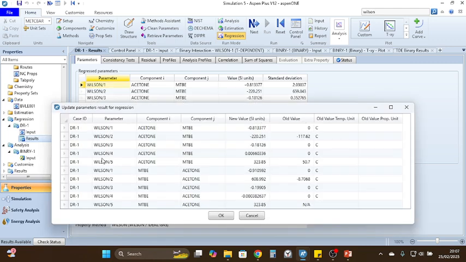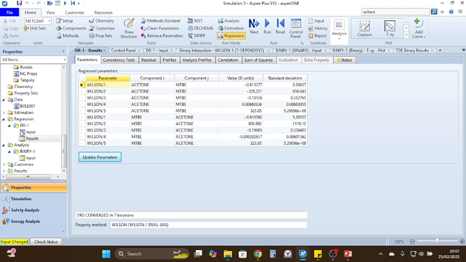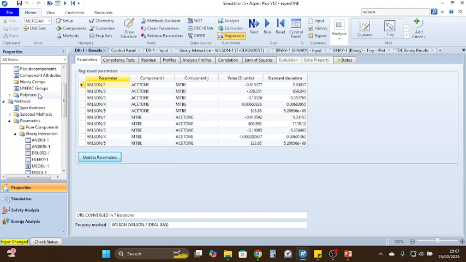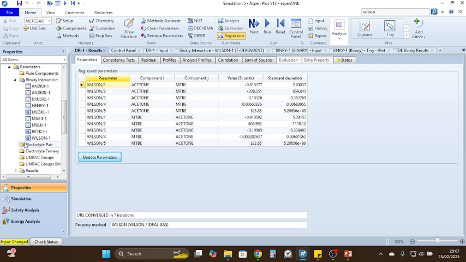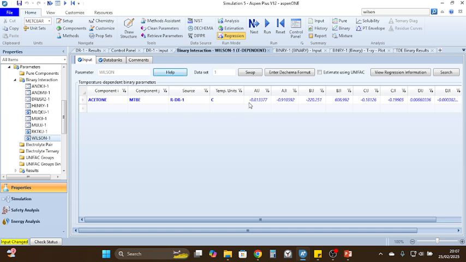Once we update the parameters and select OK, here is the old value that was there. These are the new values that we have obtained from regression. Now we select OK. If you come over here, you can see that all the values have been updated and the source is also changed now.